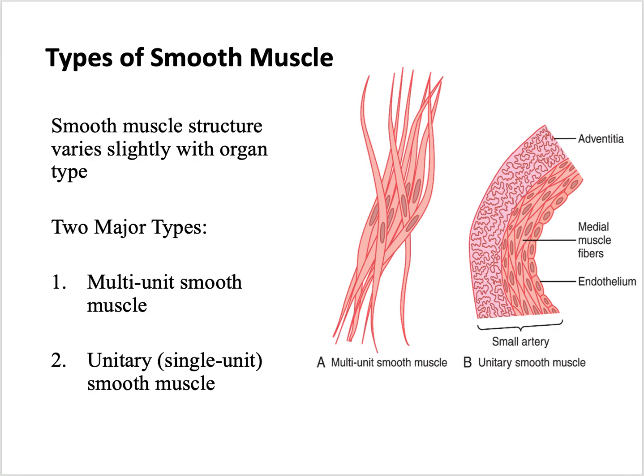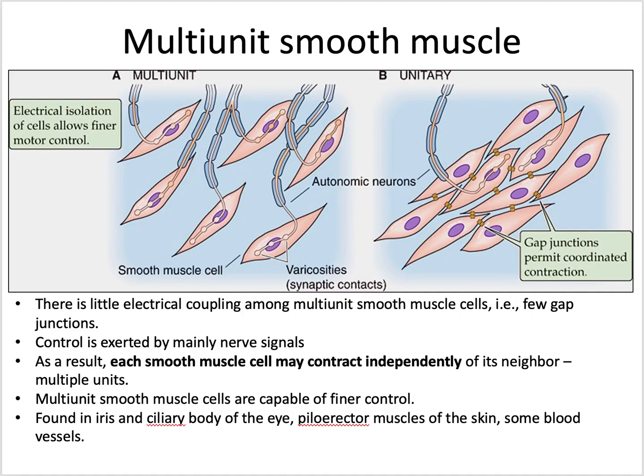So in general, there are two types of smooth muscle: multi-unit smooth muscle and unitary, or single-unit, smooth muscle. For multi-unit smooth muscle, we're going to focus on the left image right here. You'll notice that in these smooth muscle cells, there are few, if any, electrical connections between the cells. So this cell is going to act independently of this cell and this cell and this cell, right?